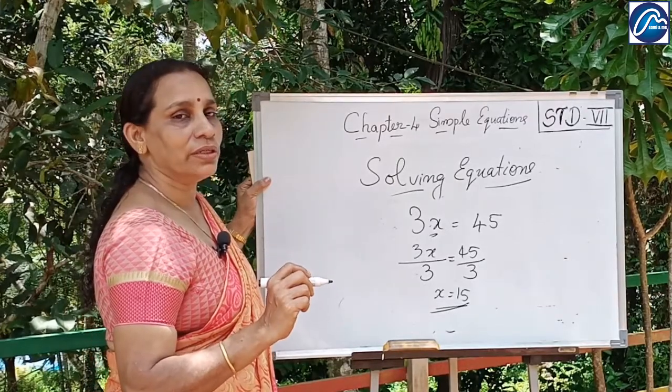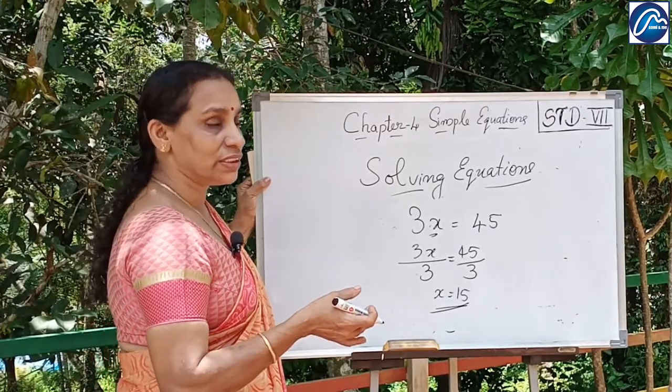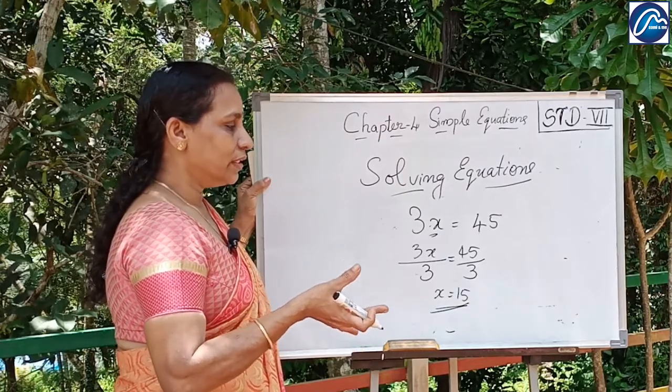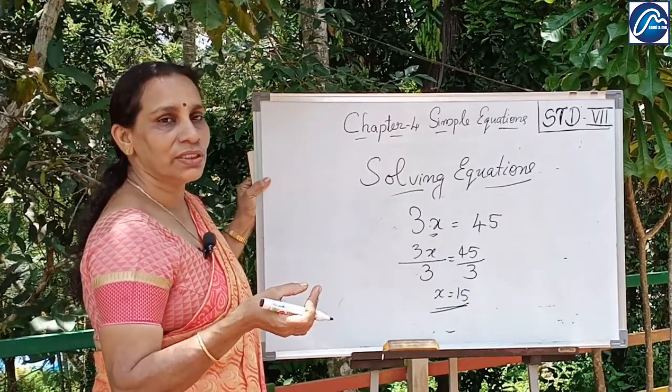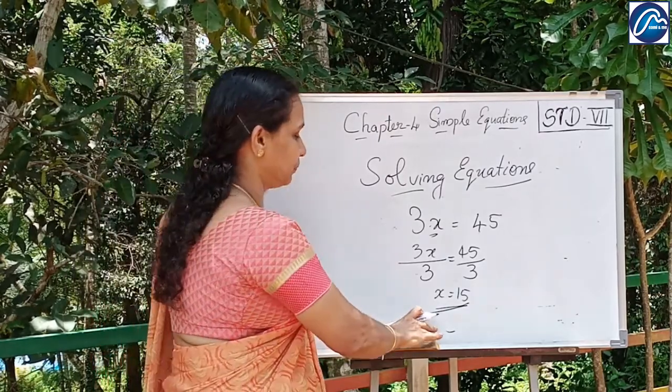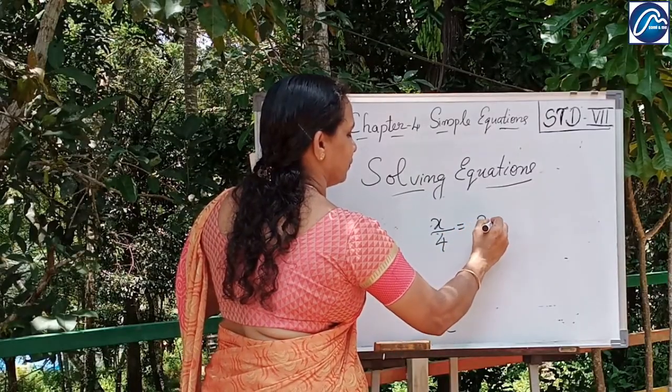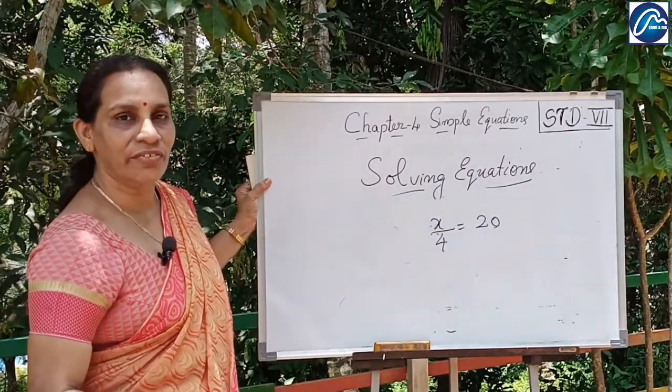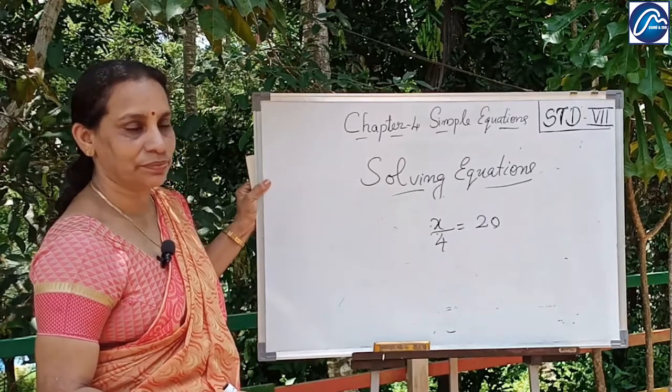And what about division? What do we do when there is a division in an equation? x divided by 4 is equal to 20.